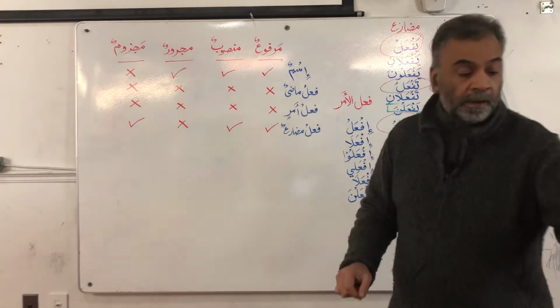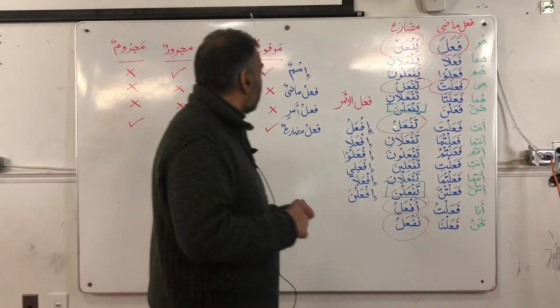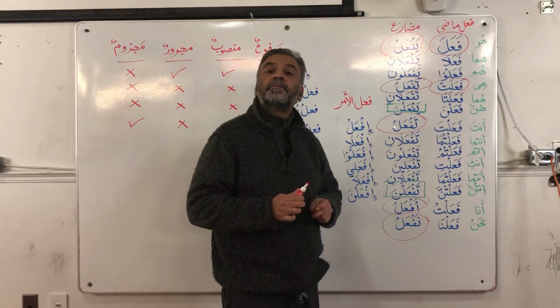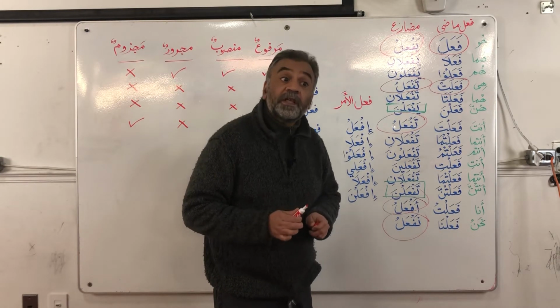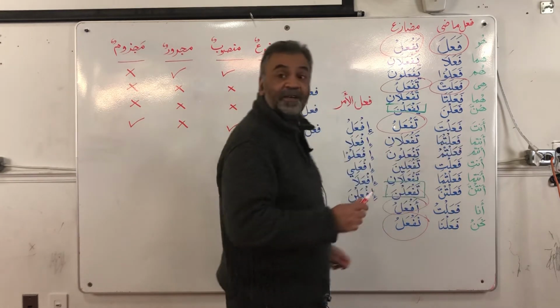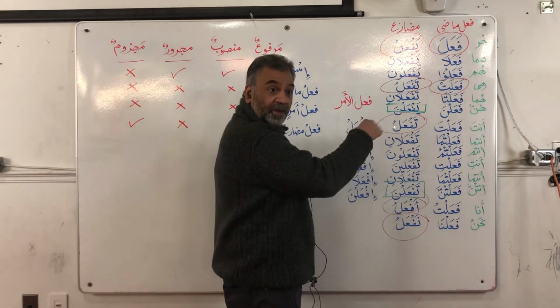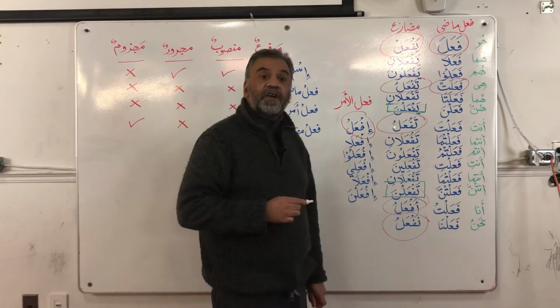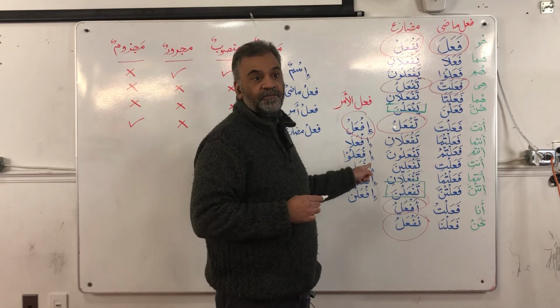Now, if'al, where is the fail? Mustatir. Taqdiruhu anta. So I'm going to put a red circle here too. If'ala, where is the fail? Alif, mawjood.